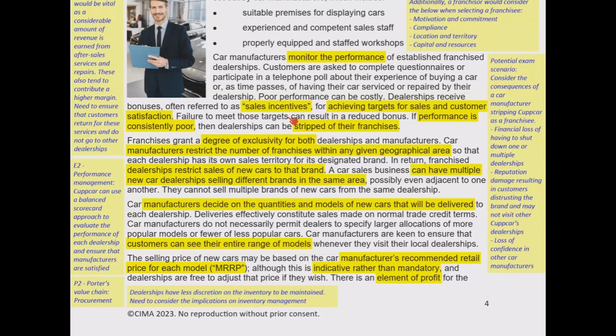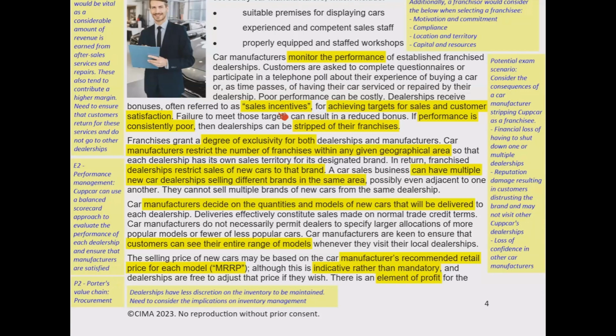Those things are even more profitable. So it might be that if the dealer isn't managing to hit these performance targets, and doesn't make the sales incentives and receive the bonus from the car manufacturer, the margin on a new car sale might be even lower.